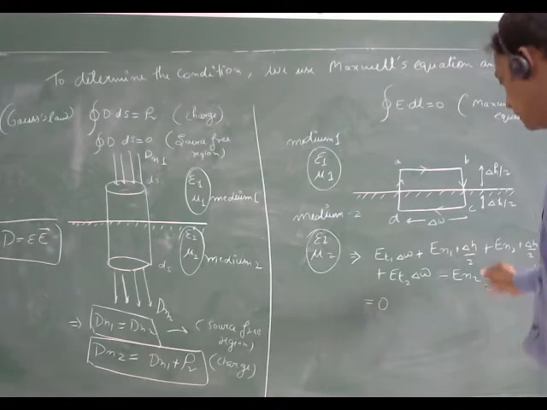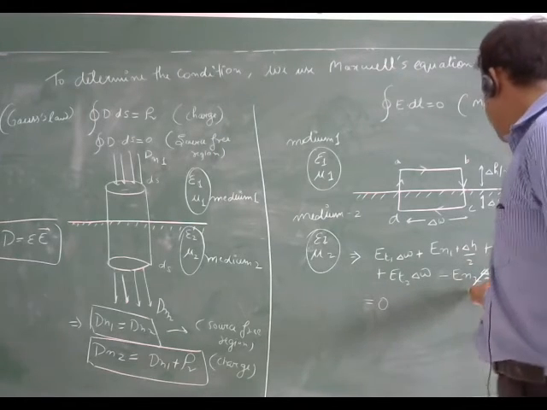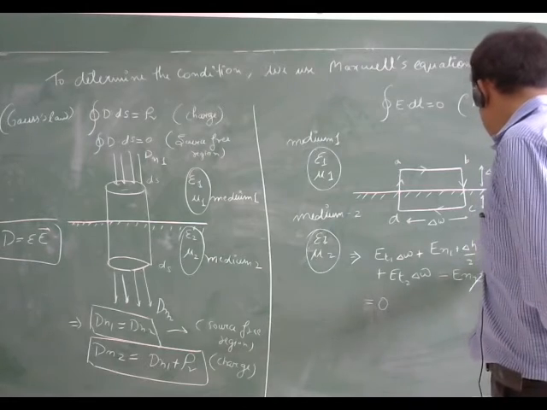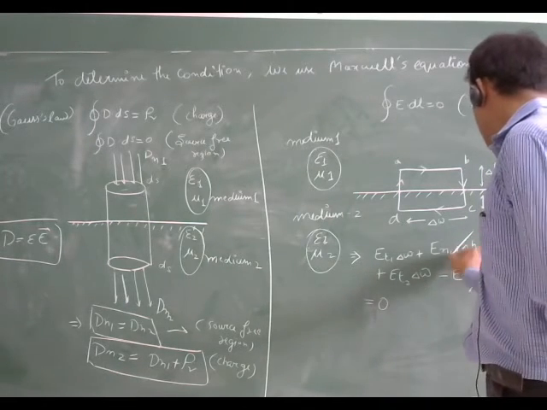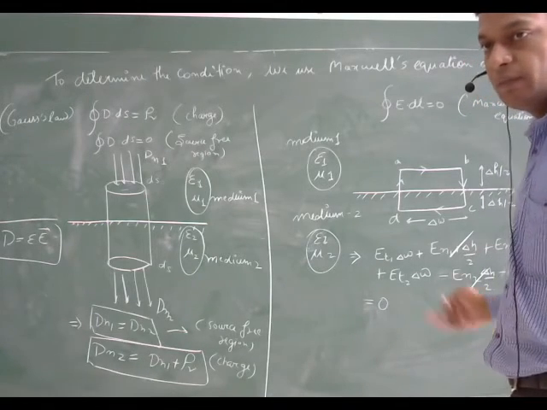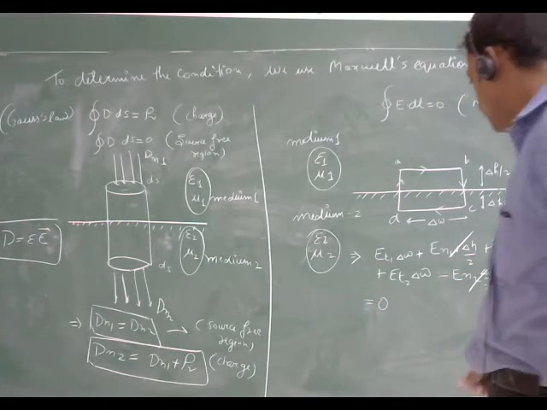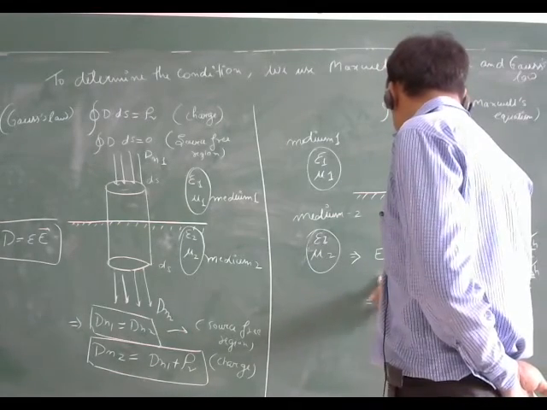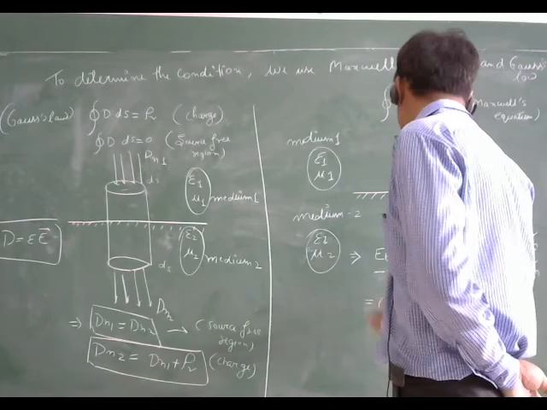So from here, this En2 will cancel out with this En2, and this En1 will cancel out with this En1. So the normal components in this case will vanish. We have only this Et2, the direction of Et2 is opposite, so minus.